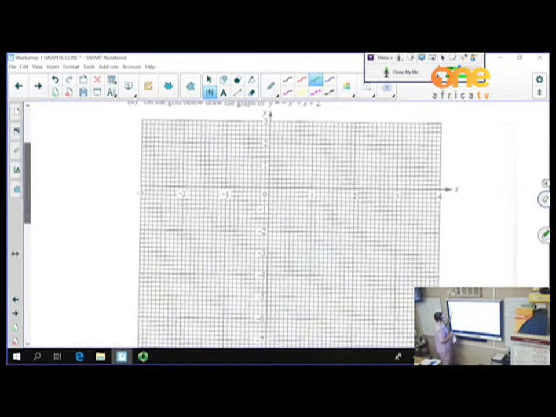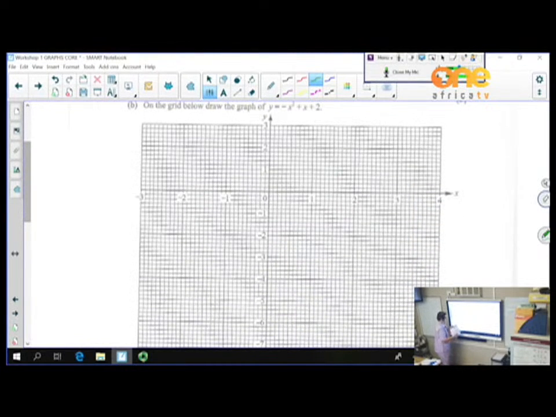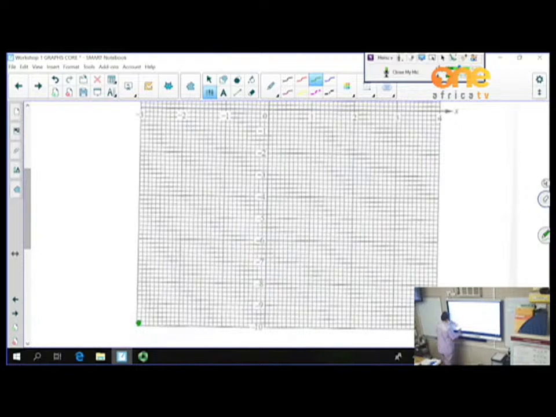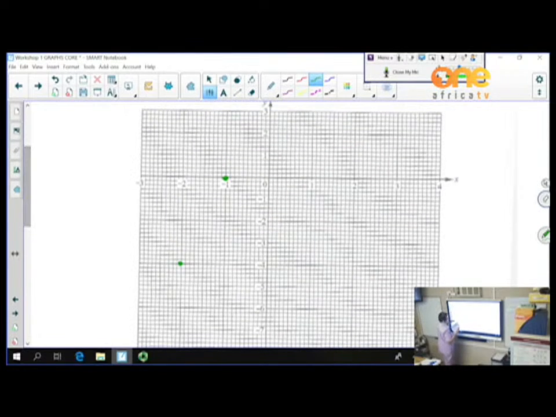Right, now we can plot the points. So the first one is then negative 3, negative 10, which is here. And then negative 2, negative 4, negative 1, 0. This is where you cut the x-axis.